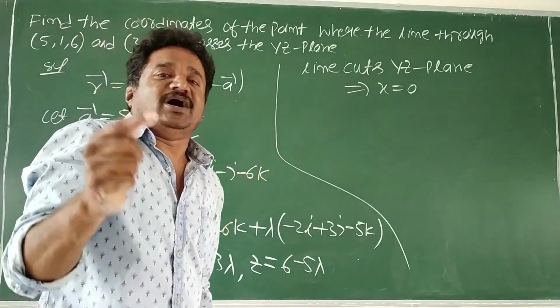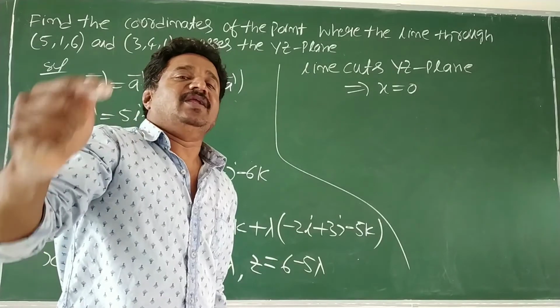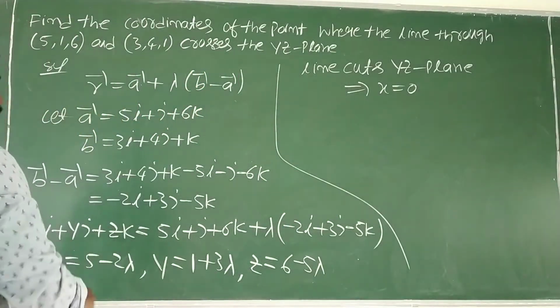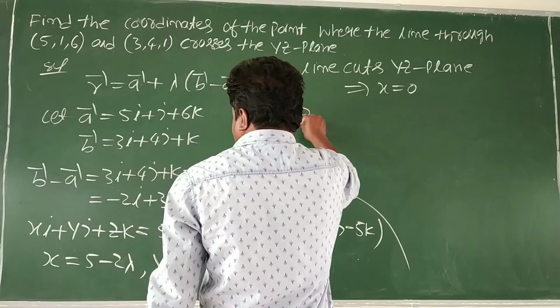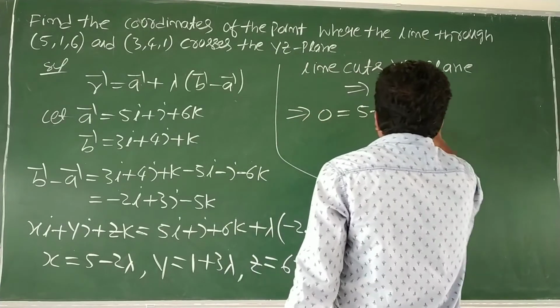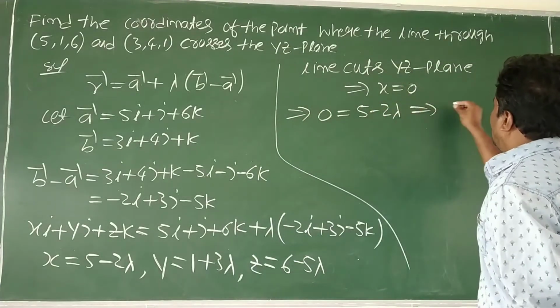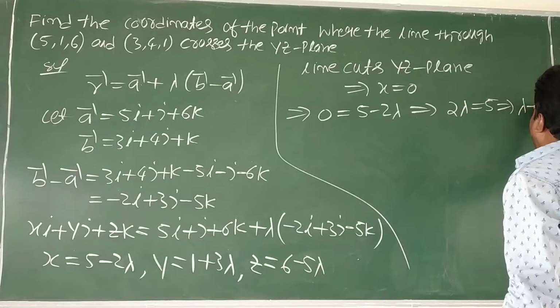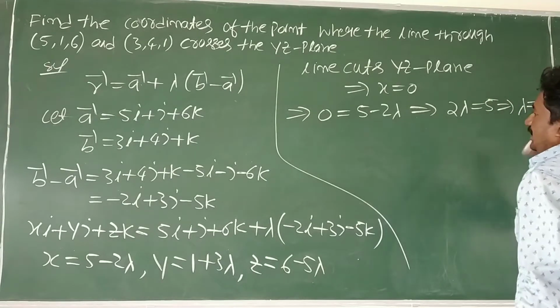X value is always 0 everywhere on YZ plane. So now you substitute that, put x is equal to 0. That implies 0 is equal to 5 minus 2 lambda. That implies 2 lambda is equal to 5. That implies lambda is equal to 5 by 2.